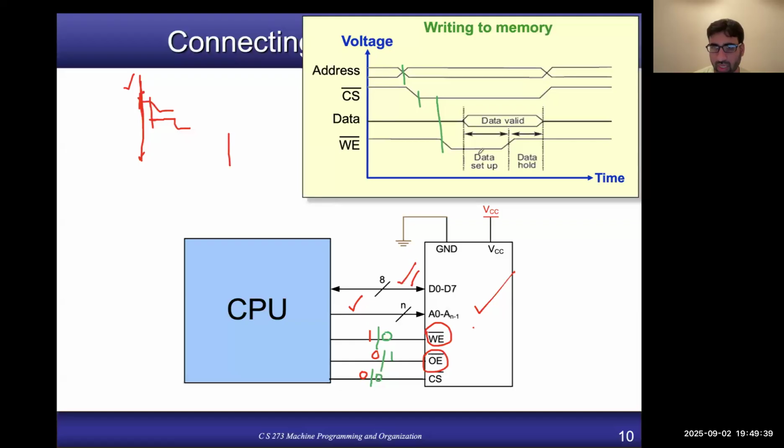Here, data setup is the time needed by the memory circuitry to make the data available. And then the data must remain valid for this period of time so that it can be read by the CPU.